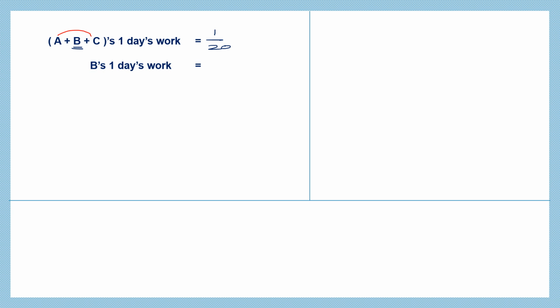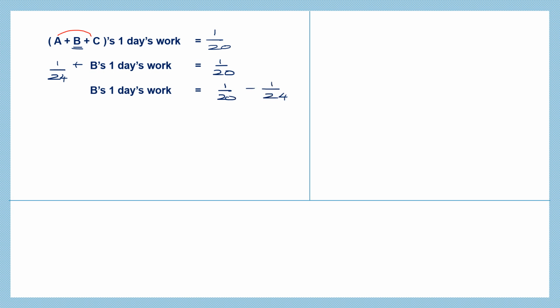And that is 1 by 24. So 1 by 24 plus B's one day's work is equal to 1 by 20. Now we're going to find only B's one day's work. So we're going to move 1 by 24 to the other side. So B's one day's work will be 1 by 20 minus 1 by 24.